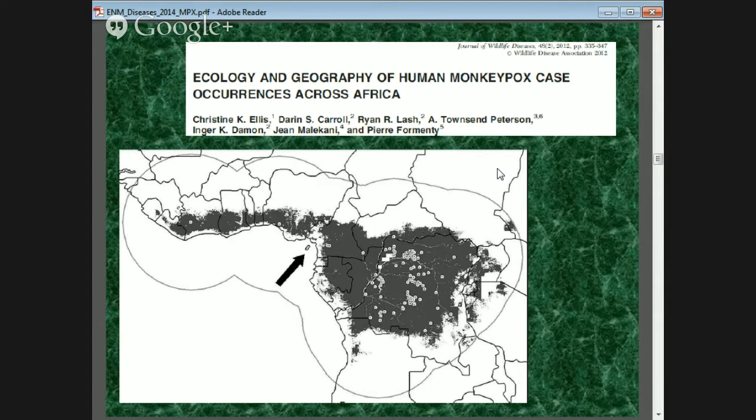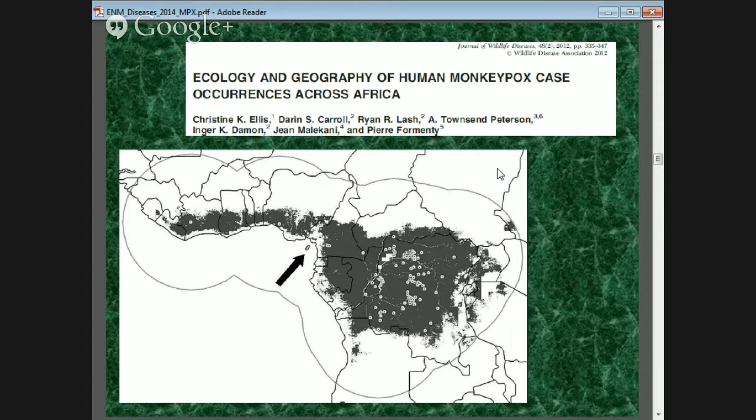They used this database of monkeypox cases with some environmental variables. In this case, they were climatic variables, some soil aspects, and remote sensing data, and came up with this picture, with this potential distribution of monkeypox in the whole continent of sub-Saharan Africa.